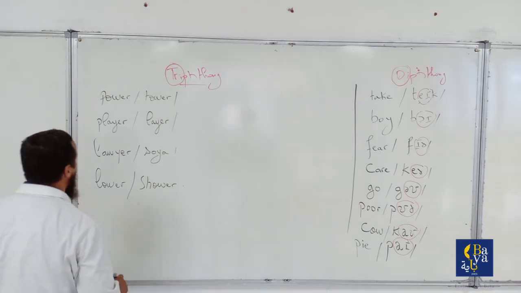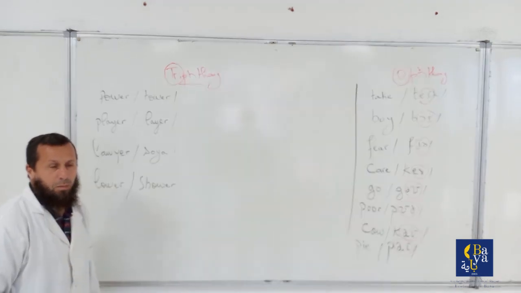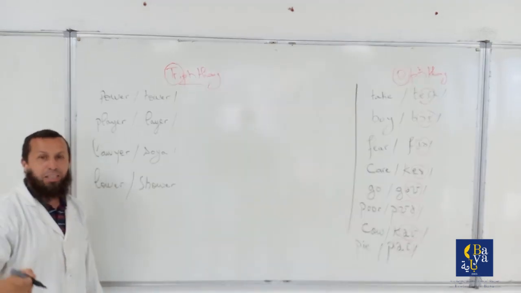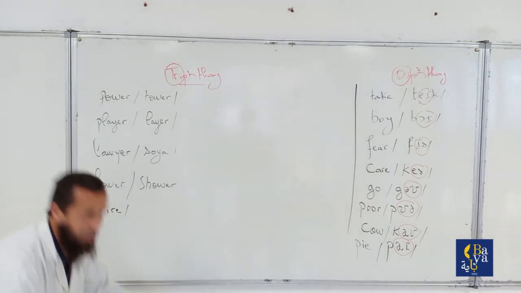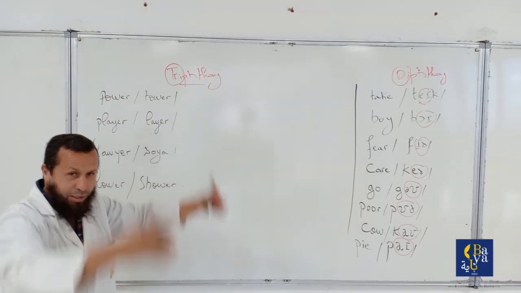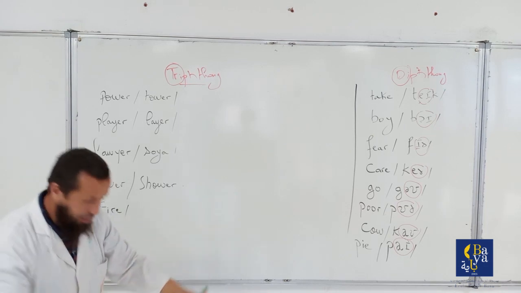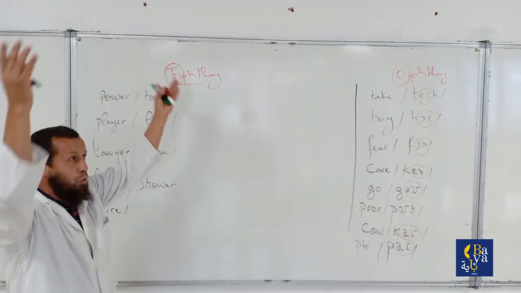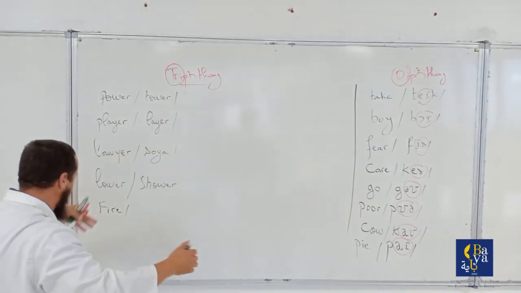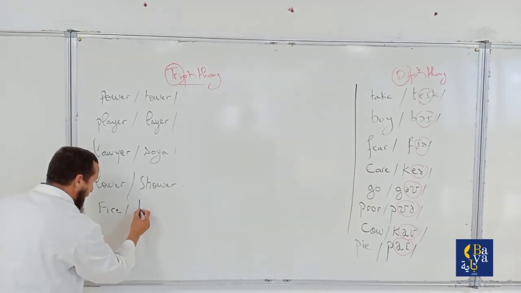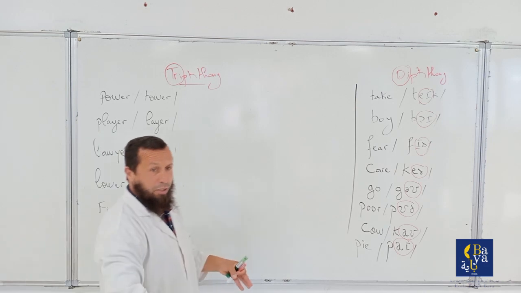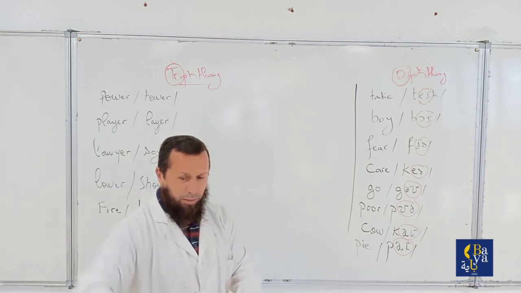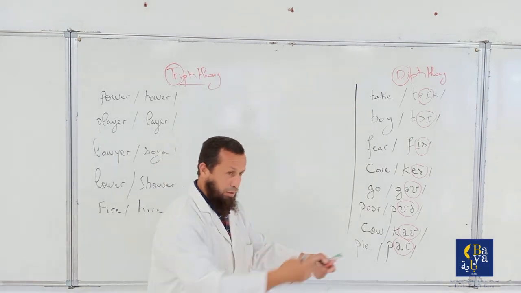And we have fire. Or it is fire. Shot, fire. And to hire a boat, to hire a car, to give money to take it for just a day or just a trip.